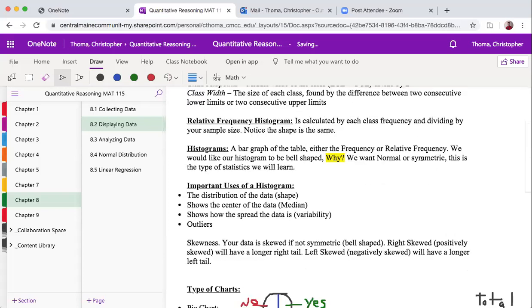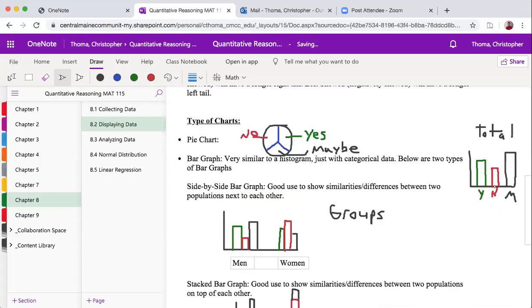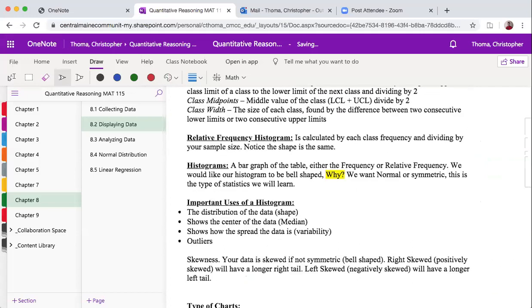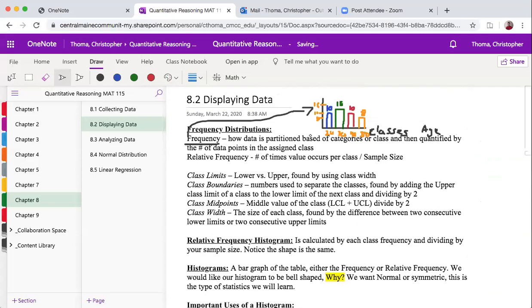Versus down here, where we had men and women, and yes, no, maybe. It's categorical, and I could still have numbers, and that's what makes it very challenging. That's why I'm never too worried about someone mixing up a histogram and a bar graph.